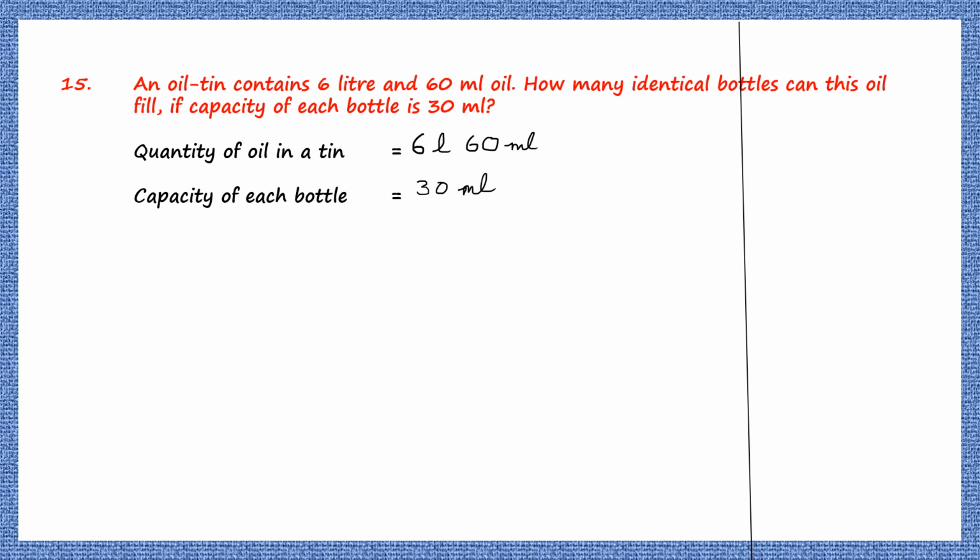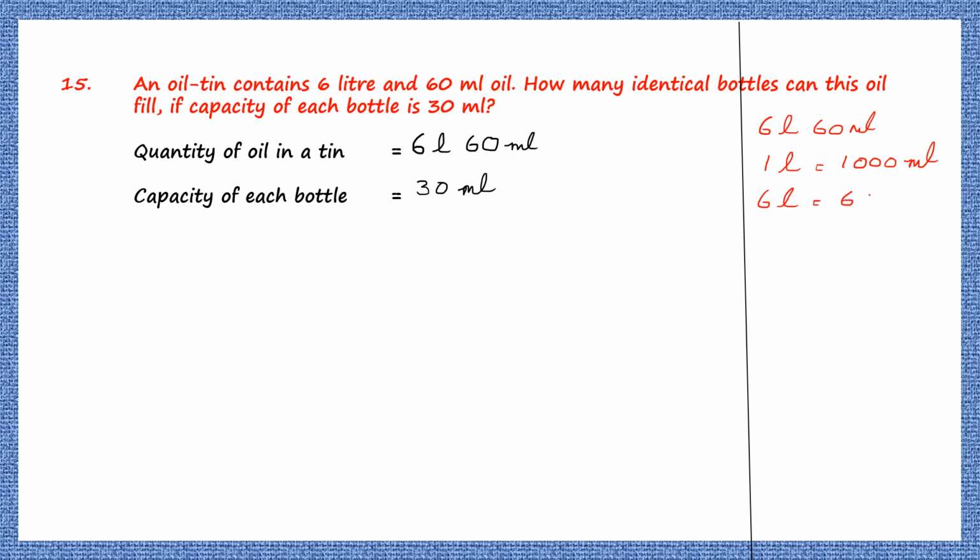Now since one is in milliliters and the other unit is liters and milliliters, let's convert it all to one unit. So we'll convert this to milliliters. So we're going to convert 6 liters and 60 milliliters now into milliliters. 1 liter has 1000 milliliters. So 6 liters will be 6000, isn't it?